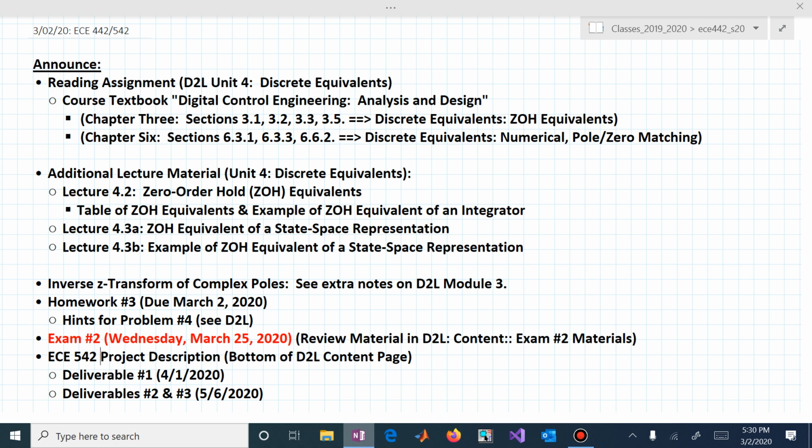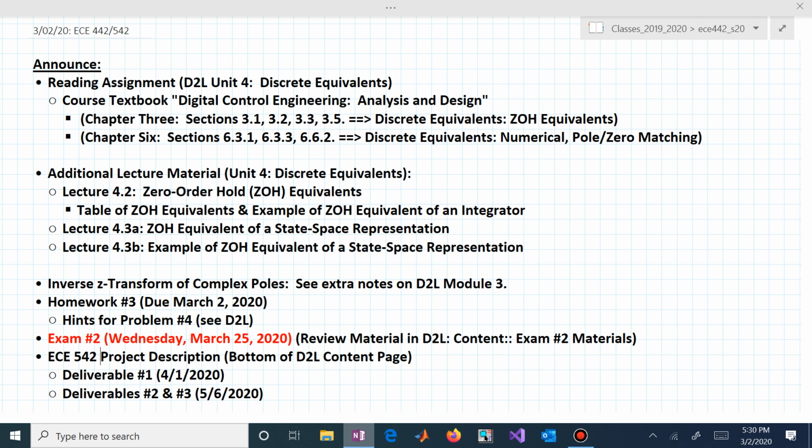The reading assignment, now we are starting Unit 4, which is discrete equivalence. In the textbook, that material is actually distributed over a couple of different chapters. Chapter 3 deals with zero-order hold equivalence, which is what we will discuss today.